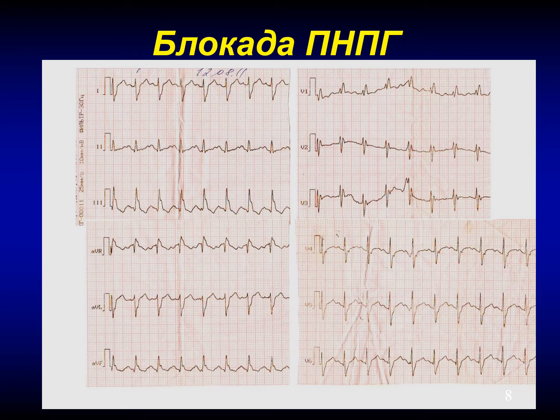Next one. If we speak about right bundle branch blockage, we will have right deviation of the electric axis of the heart, right shifting. If you check, you'll find severe right shifting. It's the second sign of right bundle branch blockage.